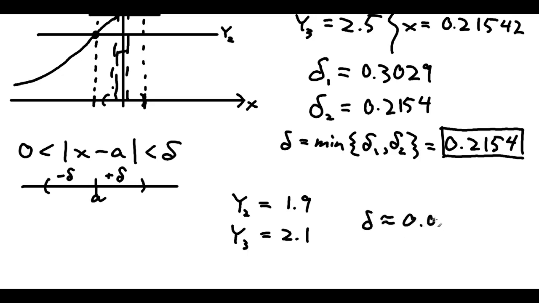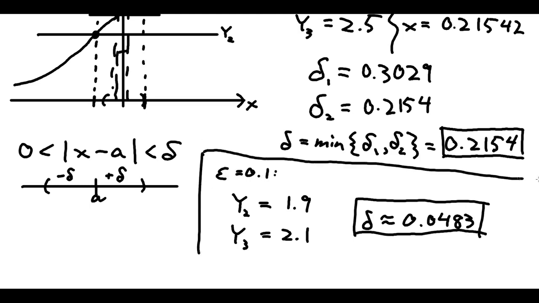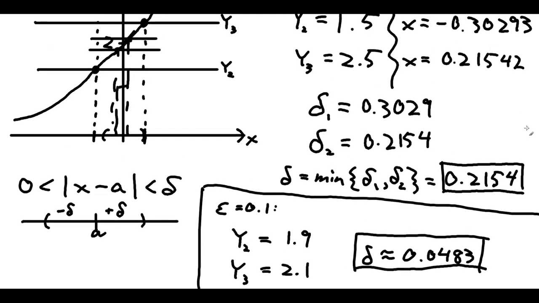When I did this, at least I got delta equals 0.0483. So again, this was all for epsilon equals 0.1. So you can try that using the same technique. Make sure that you can get that to work out. And keep that in mind.